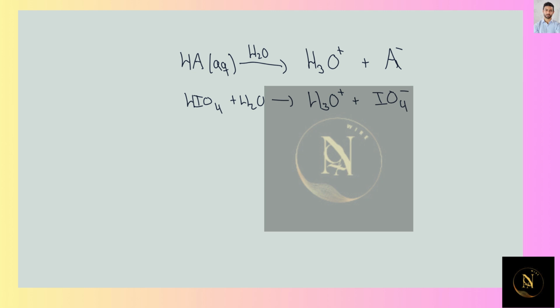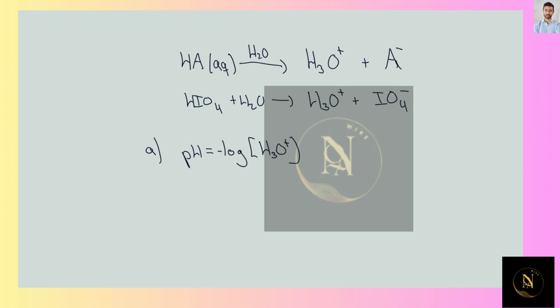So now, in order to get the pH for the strong acid, for cases A and B, it is directly minus the logarithm of the concentration of hydrogen ion.